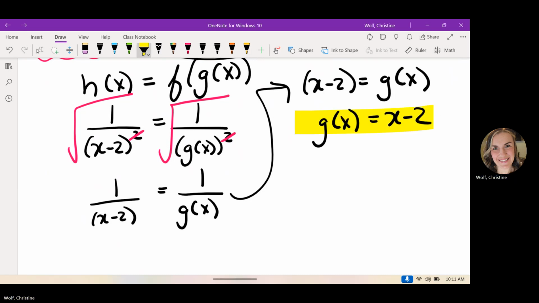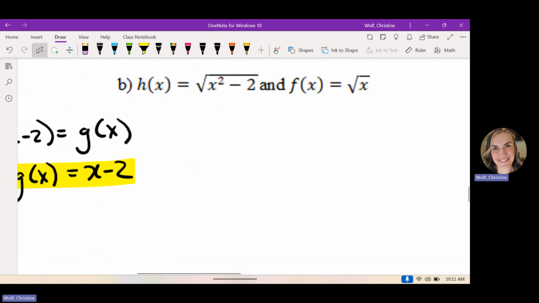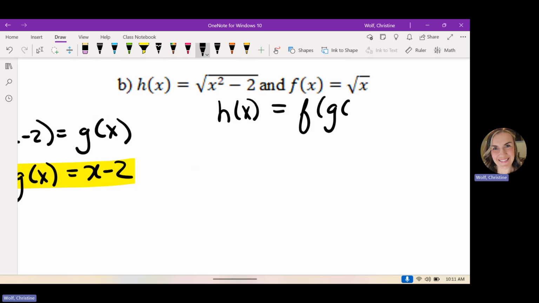Done. Okay. We're going to do another one just to make sure we've made sense of it, because I'm going to throw in extra radicals now. Same idea. I know this h of x was created by doing f of g of x. But I know what my h of x is, so I replace my left side with that.